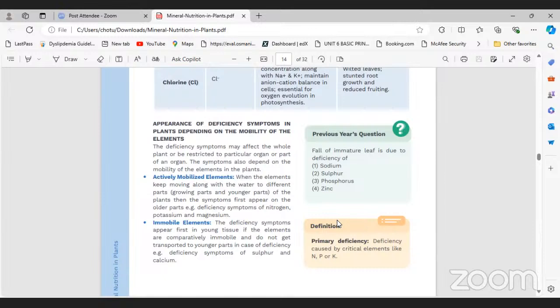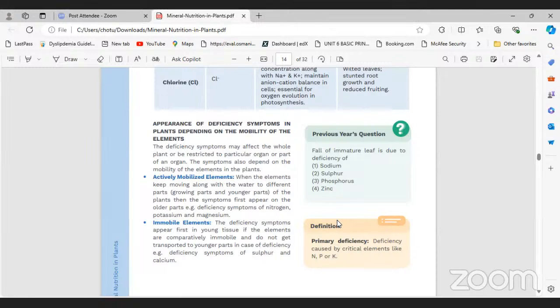Deficiency symptoms may affect the whole plant or be restricted to a particular organ or part of the organ. The symptoms also depend on the mobility of the elements in the plant. Actively mobile elements keep moving along with the water to the growing younger parts of the plant.